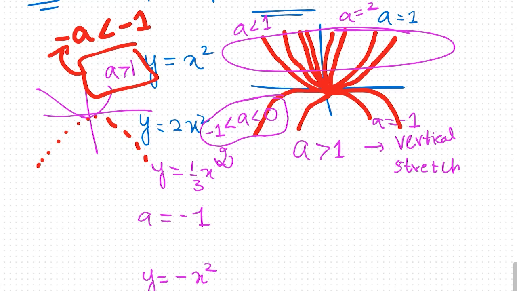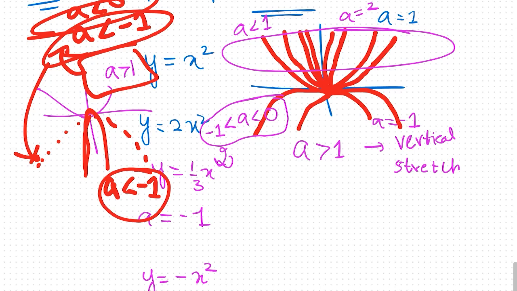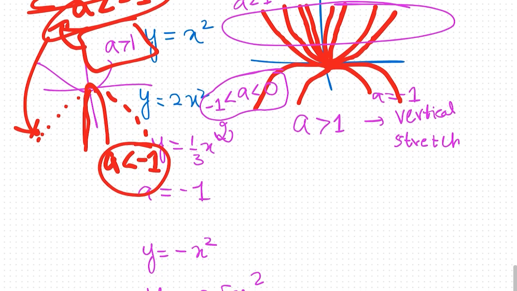We already know that a value will be negative, so we just write a is also negative, from negative 1 to 0. That is the way you can remember that. And when it gets compressed like this, it will obviously be a less than negative 1. In the top, when it is compressed, a greater than 1, right?